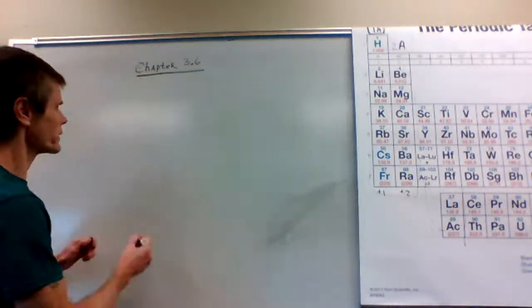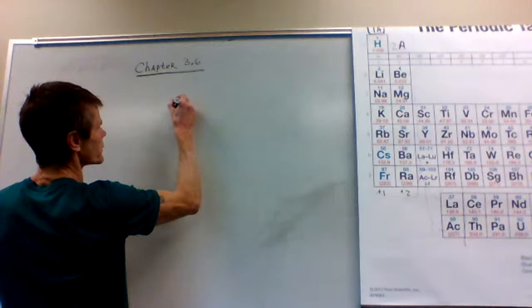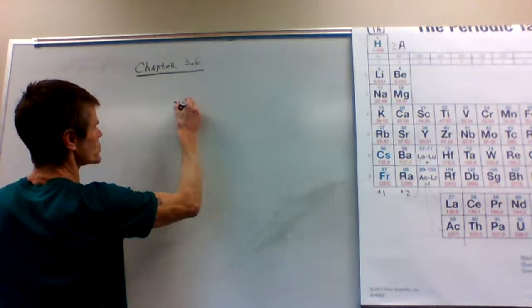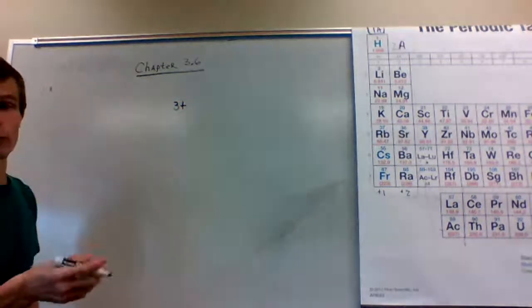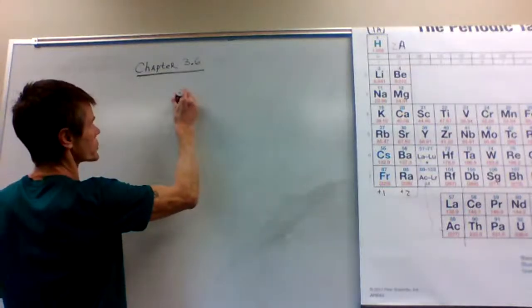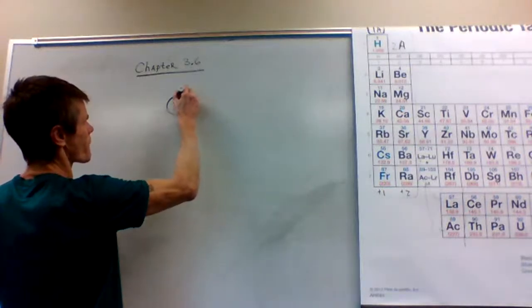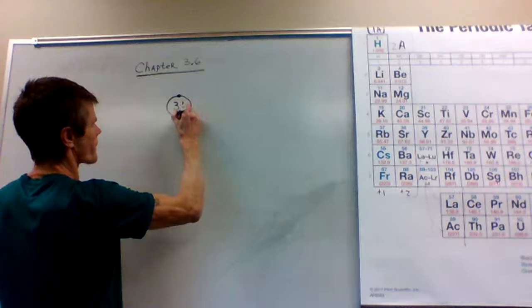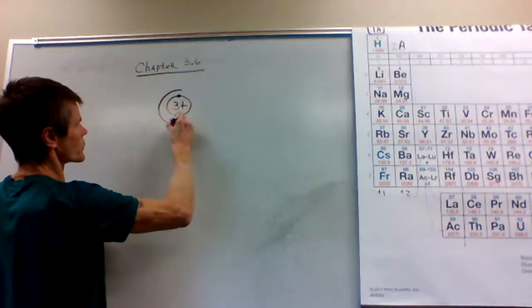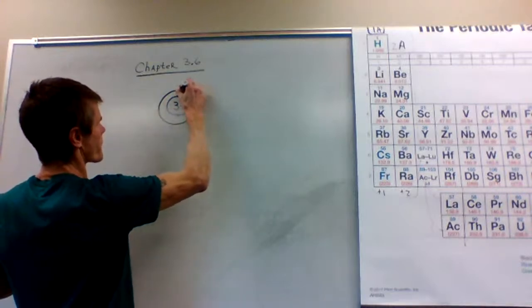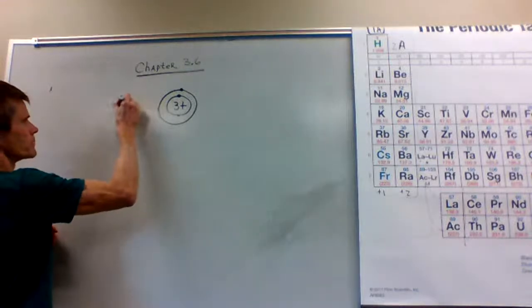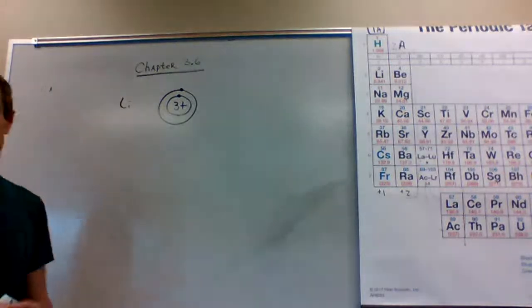So let's look at lithium. Lithium has 3 protons in its nucleus, and it has 3 electrons. It would have 2 electrons in this shell, and it has a single electron in an outer shell.